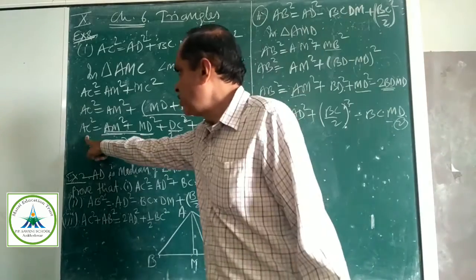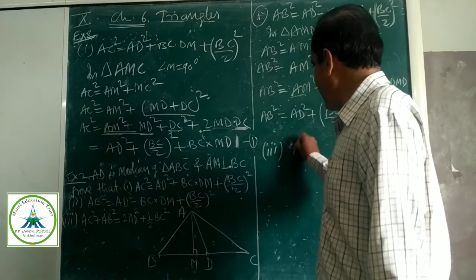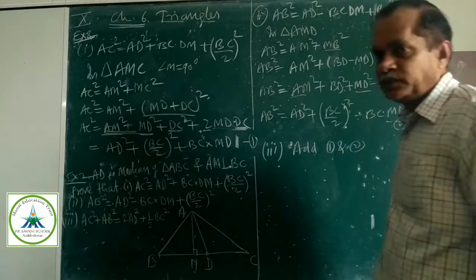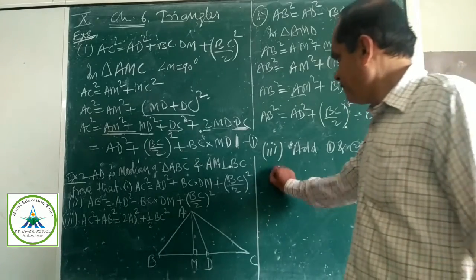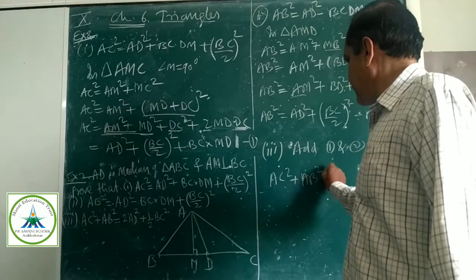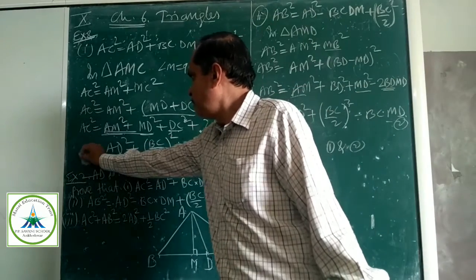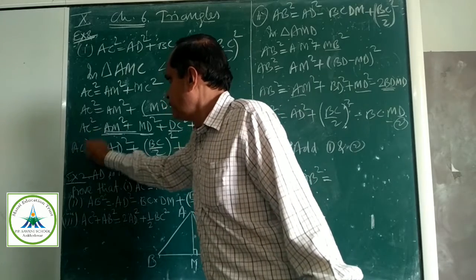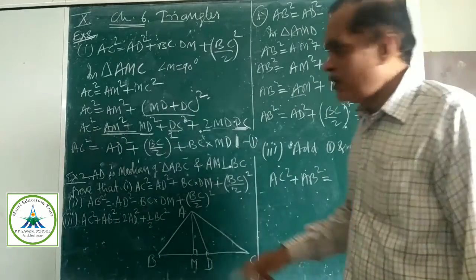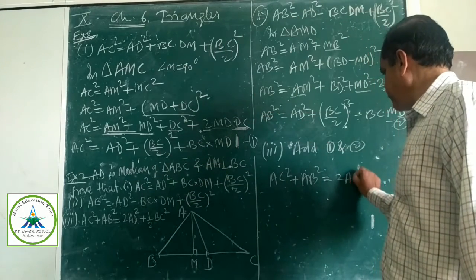Add 1 and 2, and we get AC square plus AB square. We will do it directly. See, AC square plus AB square equals AD square plus AD square, 2 times AD square.